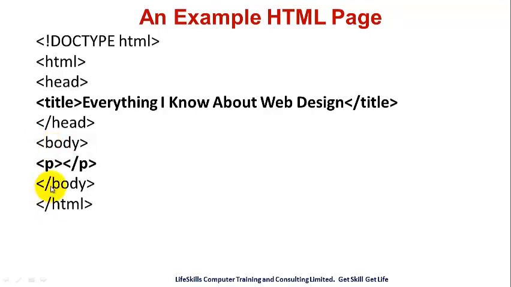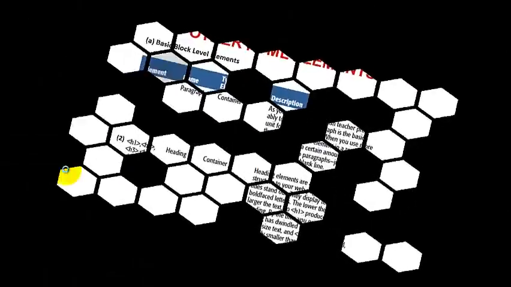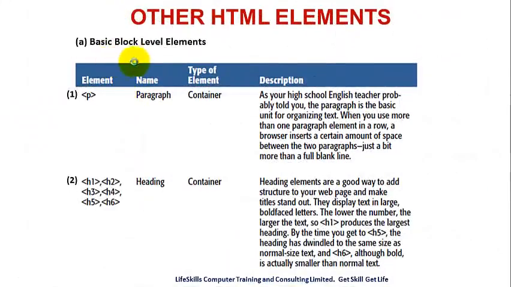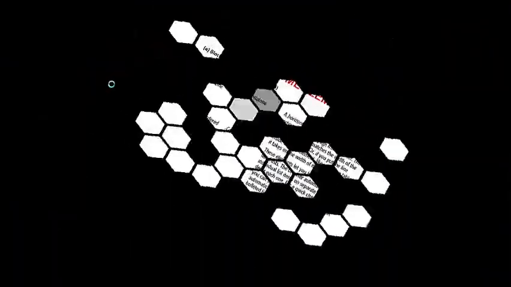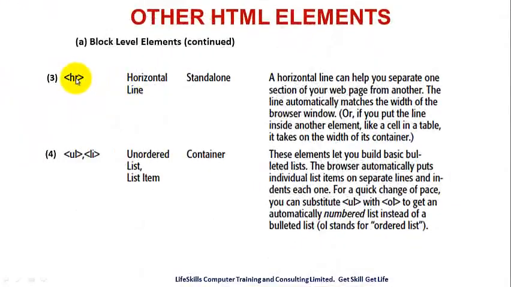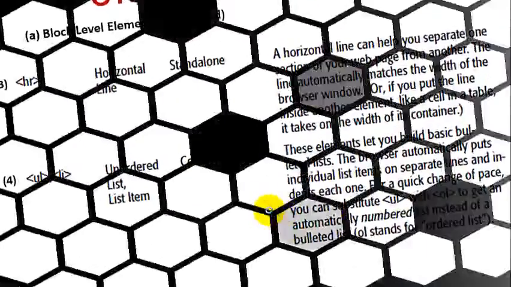Now in the last video, I tried to explain the different types of HTML elements or tags that we have. We have the paragraph tag, the heading tag, the horizontal line tag, the unordered list and the list item, then the ordered list, the UL and OL tags. Practically, we are going to see what they do.